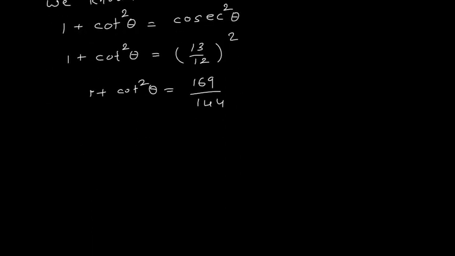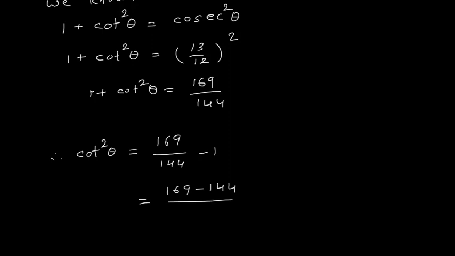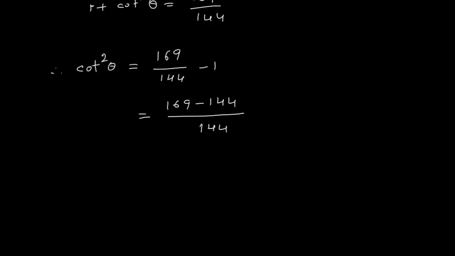So this gives us the value of cot square theta. Therefore we have the value of cot square theta as 169 divided by 144 minus 1. That gives us the answer as 169 minus 144 divided by 144. So 169 minus 144 is 25, so this is 25 upon 144.